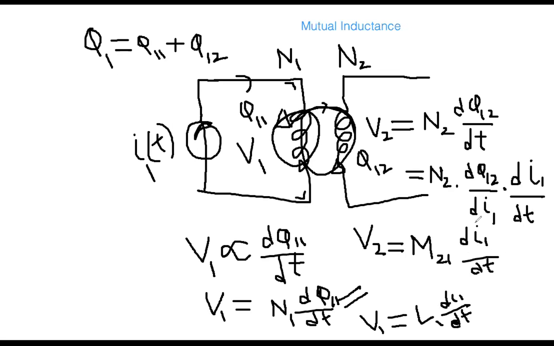This means on the secondary side, on the right side, voltage will build up because of the mutual inductance. That's why it is M21. So M21 is called the mutual inductance of coil 2 with respect to coil 1.